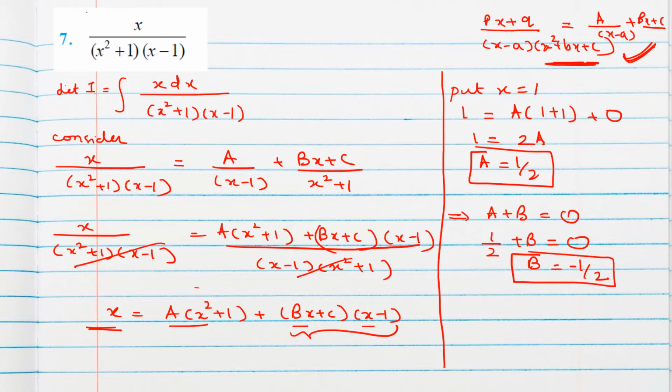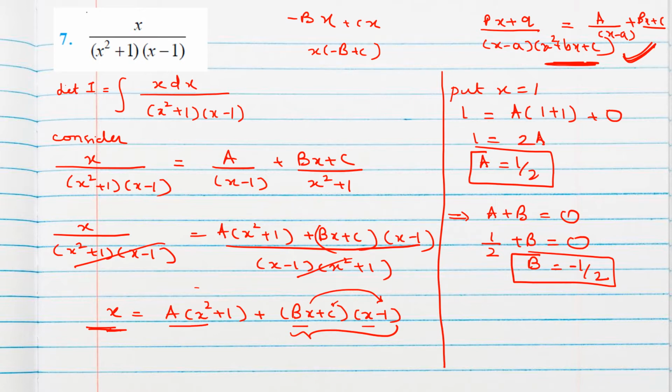Okay, now see, Bx into minus 1 will give minus Bx, and C, if you multiply this bracket with the C, so Cx also will come. That means the coefficient of x we can write as minus B plus C, and the coefficient of x is 1 here, so that also we can do.